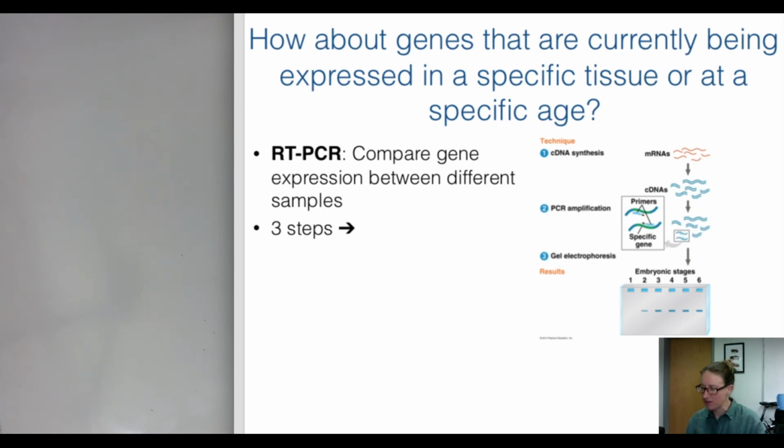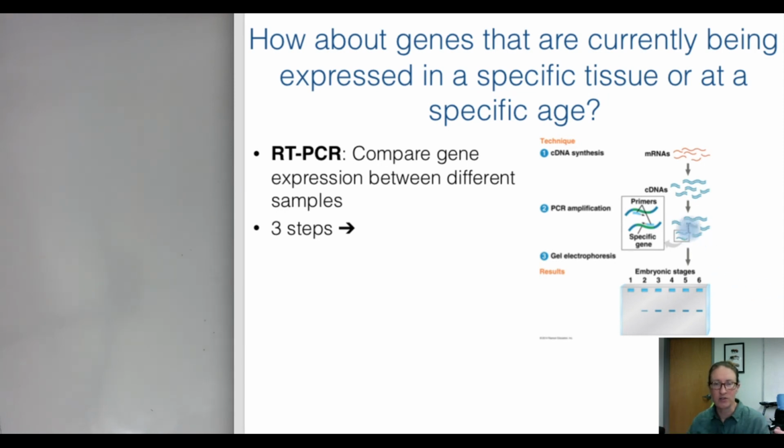So this also can be coupled with the process of polymerase chain reaction to amplify however many copies of that messenger RNA are present in a given cell. So basically, let's say you have a cell and you want to know how many copies of a gene are getting expressed.